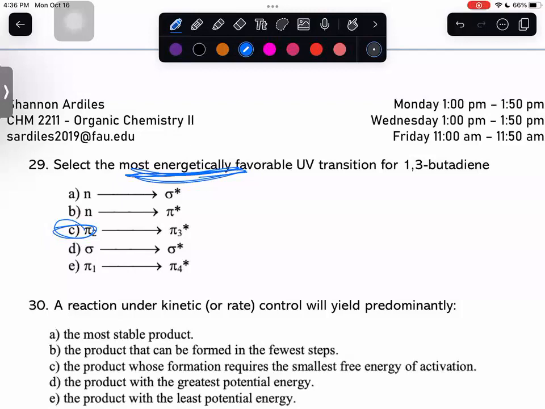The two orbitals are right next to each other. HOMO to LUMO, that could be another answer. Exactly, it's good to say HOMO to LUMO, but not the other ones. The other ones do not make sense at all.